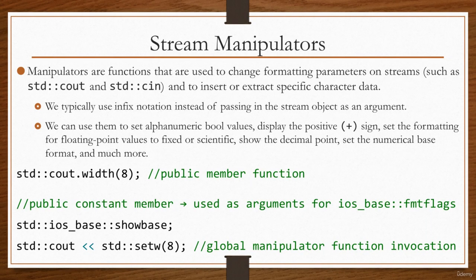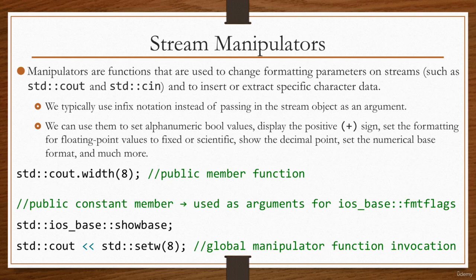We have all kinds of stream manipulators. We have boolalpha and noboolalpha that we've seen already. We have manipulators that allow us to display integers in different bases, so base 8, base 10, and base 16, for octal, decimal, and hexadecimal values. We also have manipulators that allow us to display the decimal point and trailing zeros with floating point values. We can also display the plus, or in other words the positive sign.